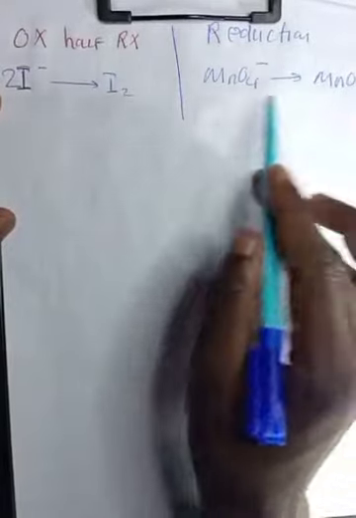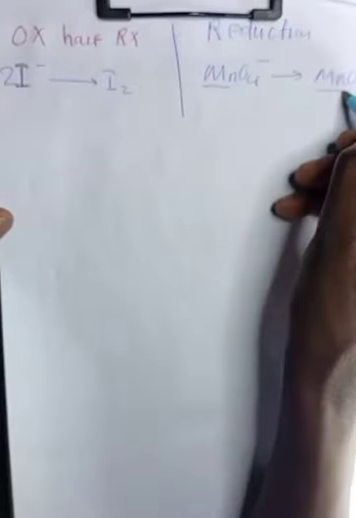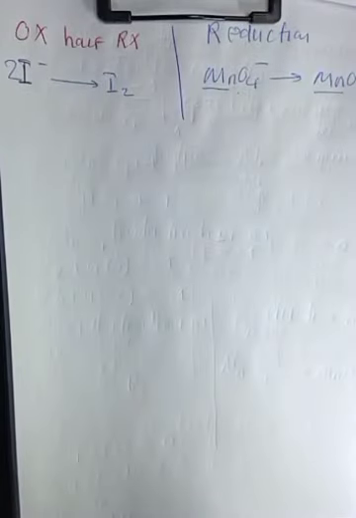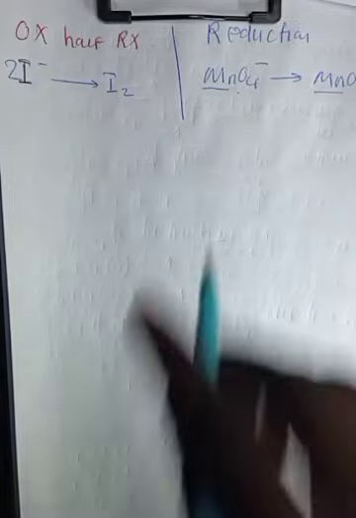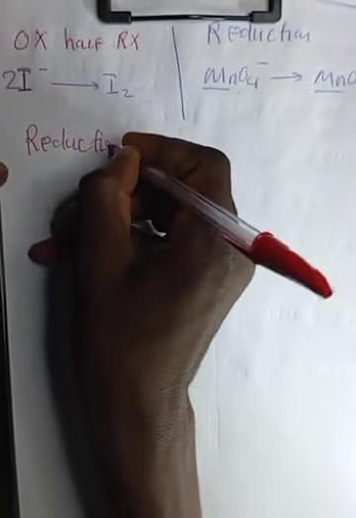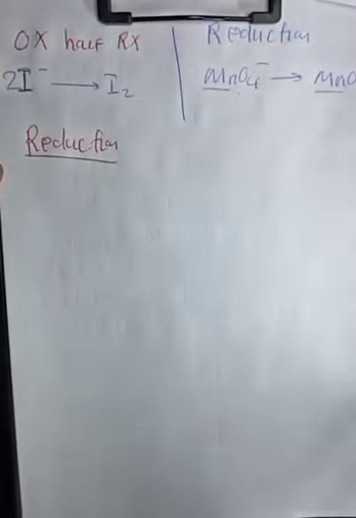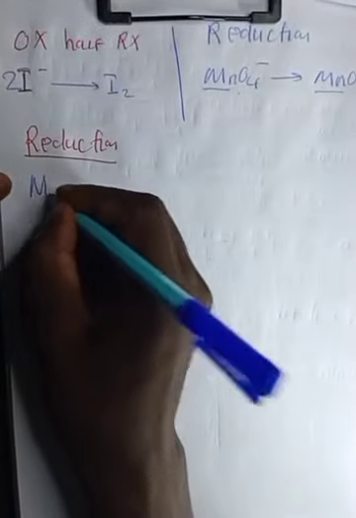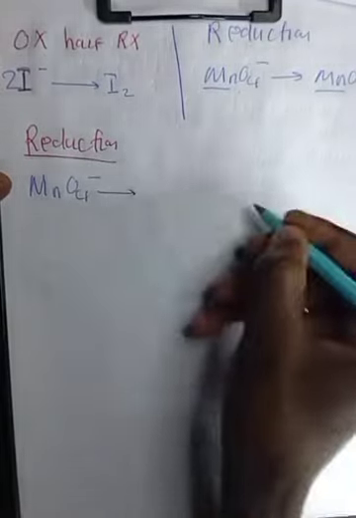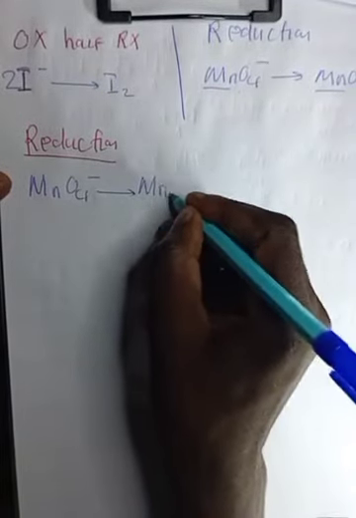Then we come here. Manganese 1, manganese 1. Oxygen here we have 2, oxygen here I've got 4. But we don't balance oxygen using numbers. We use water molecules. You remember that. So we are not going to balance anything here. So let me just swap this so that it looks nice. So reduction will come here so that we create space, which is MnO4 minus getting MnO2.